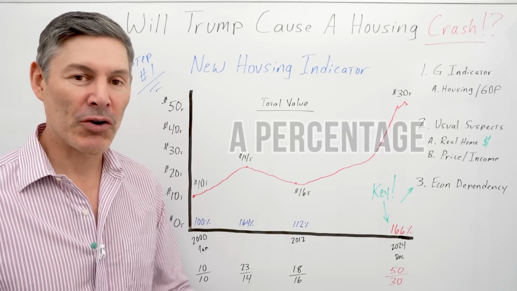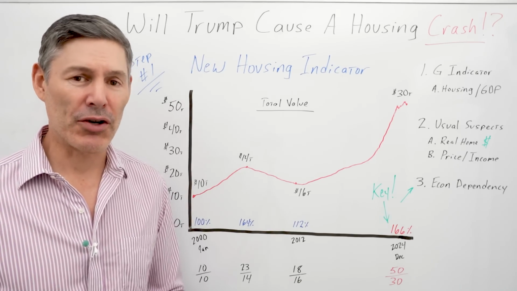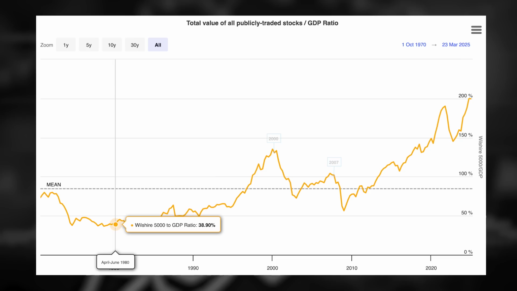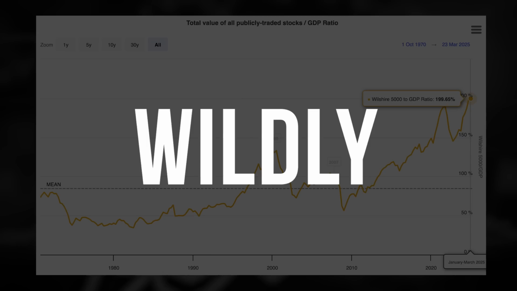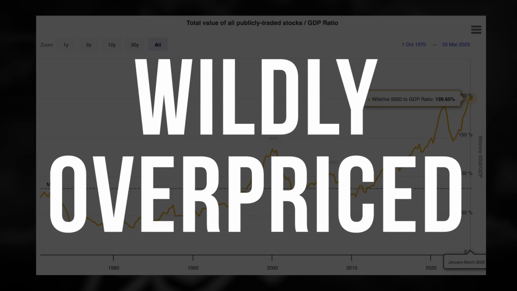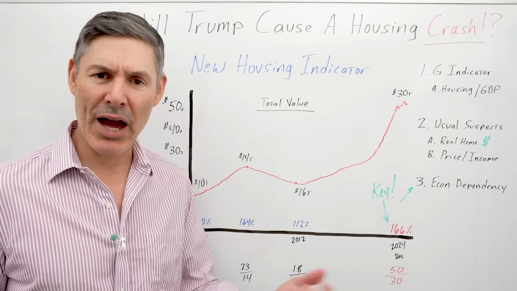So as an example, going back to the 1980s, the market cap for the stock market was about 30% of GDP, if my memory serves me right. Editor, you can fact check me with the chart. But now it's right around 200%, indicating that the stock market is wildly overpriced and most likely in a big bubble. So I wanted to do the exact same thing with the housing market.